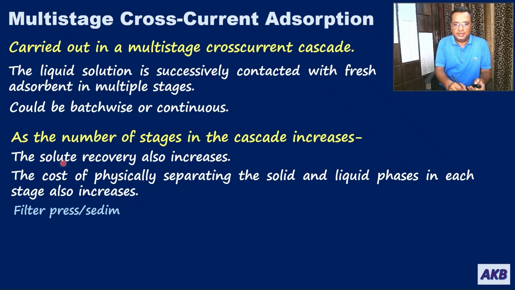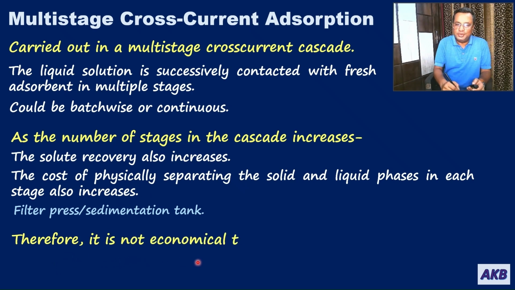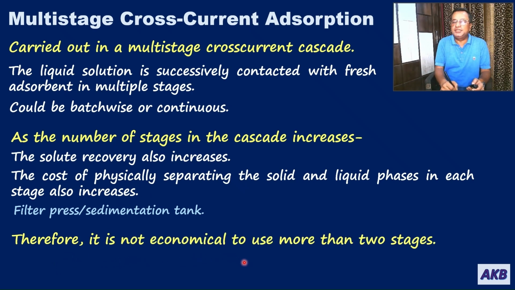In a batch operation, a filter press is used for physical separation, and in a typical continuous operation, a sedimentation tank is used for physical separation. Since the cost of physical separation will increase with the number of stages, it is not economical to have more than 2 stages in a typical cross-current operation.